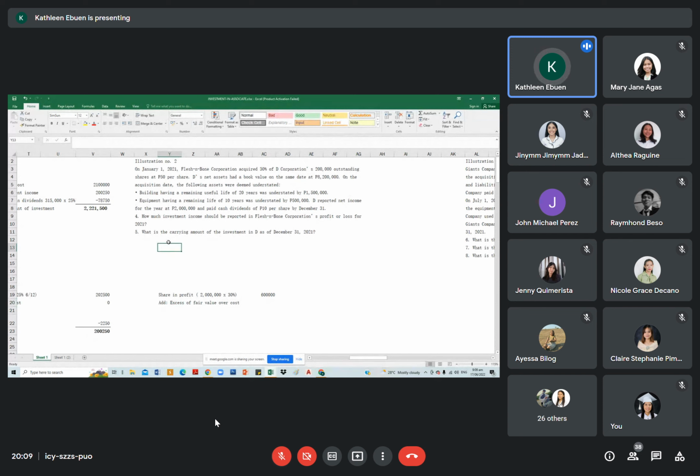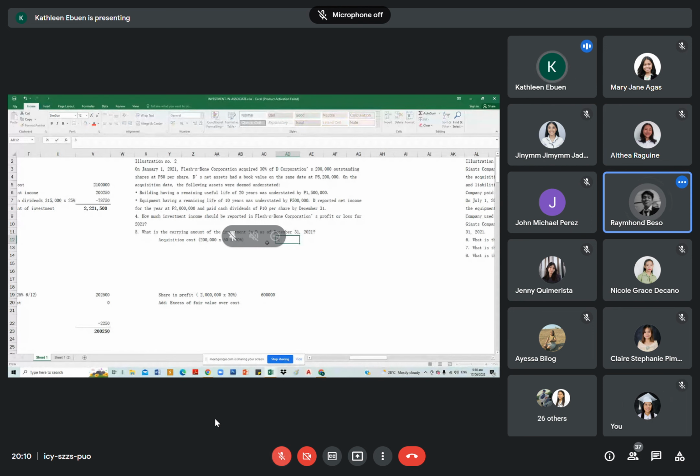Paano ba malaman yun, class? Kunin natin yung acquisition cost. The acquisition cost is 200,000 shares, binili daw siya at 50 pesos, so 50 times 30%. Magkano to? 3 million po. Magkano yung carrying amount of net assets acquired?